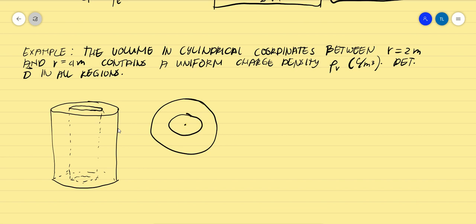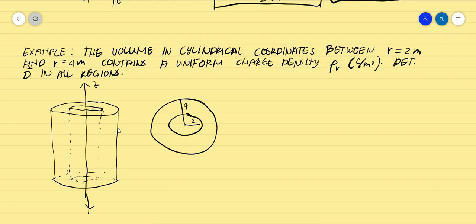From here, this is the center. This is 2 meters, and the other one, this is 4 meters. If you plot this into our axis, this will be our z-axis, and we want to determine the flux density at all regions.